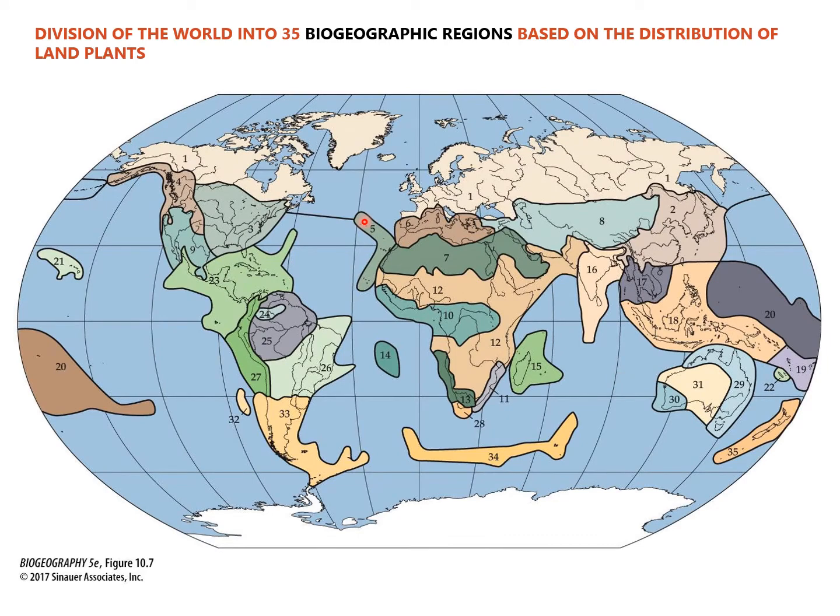So here, if we were to look at what we're talking about, this is a division of the world into 35 biogeographic regions based on the distribution of land plants. Obviously you can make these categories or geographic boundaries based off of different types of organisms. Here we're using land plants.